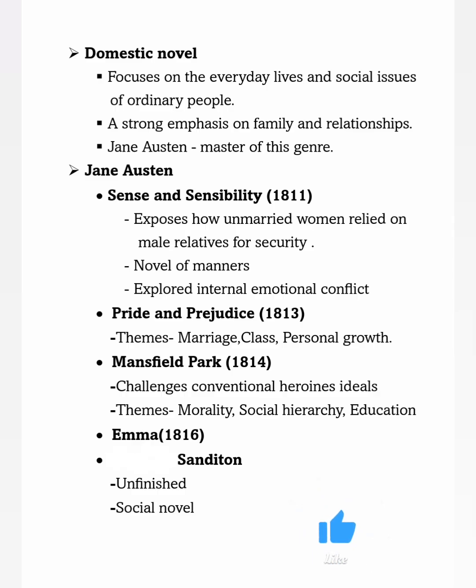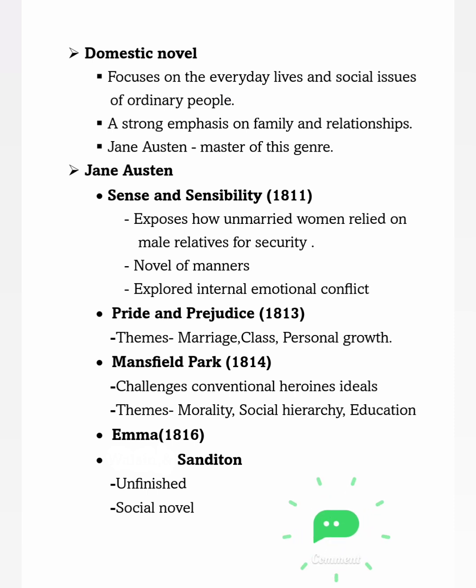Jane Austen, one of the greatest novelists in English literature. Her novels offer a realistic depiction of life in the English countryside and society during the late 18th century and early 19th century.